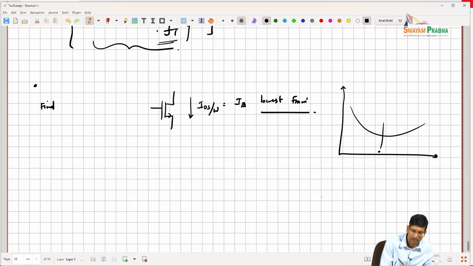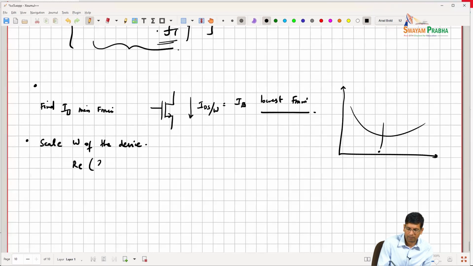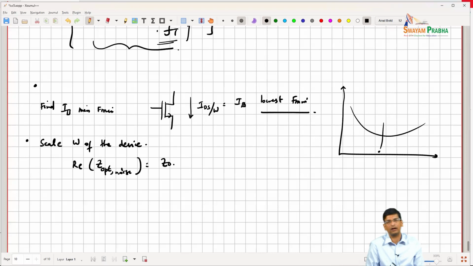So find the current density that minimizes F min. Then scale the width of the device till the real part of the Z opt for noise is the Z naught that you are targeting.